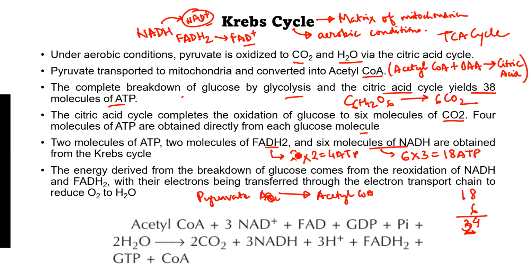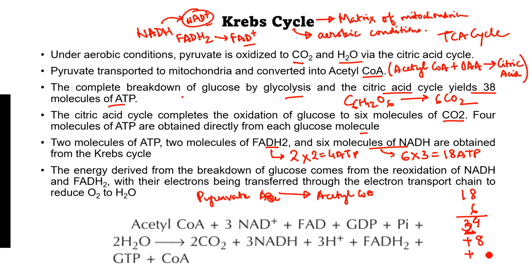2 molecules of ATP, 2 molecules of FADH2 and 6 molecules of NADH are obtained from the Krebs cycle, right? And then actually you are getting 13 over here. Plus, if you add the number of ATP molecules generated in the glycolysis pathway, that is 8, and then during the conversion of pyruvate to acetyl CoA, you also get how many molecules of NADH? 2 molecules of NADH are generated, right?